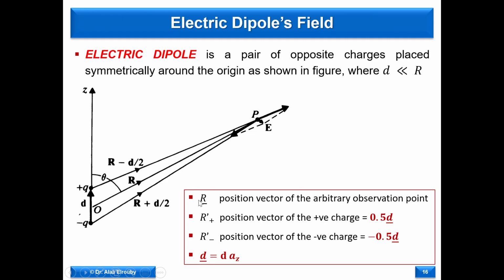The position vector to the arbitrary observation point is just R. The position vector to the positive charge is 0.5 d in the z direction. The position vector for the negative charge equals minus 0.5 d, in that direction.